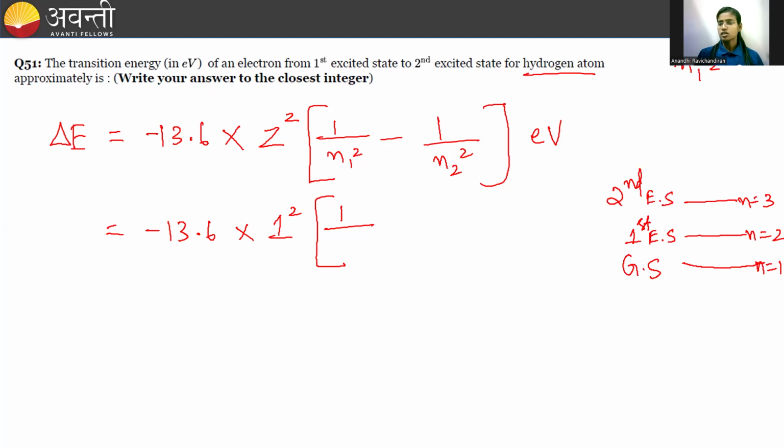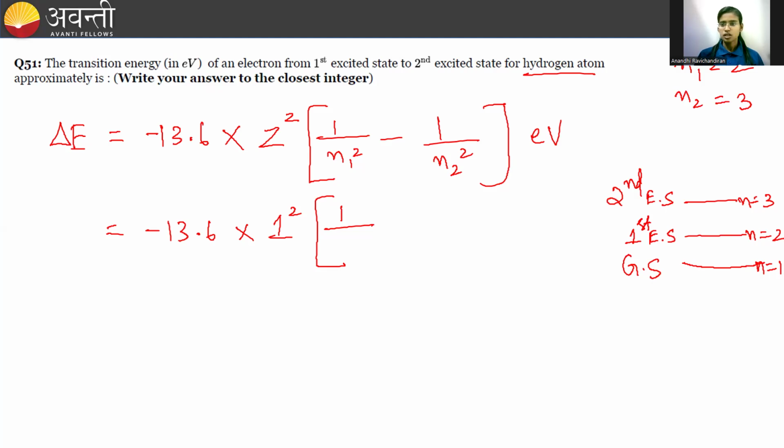Got it? So the first excited state means N is equal to 2, and the second excited state means N is equal to 3.